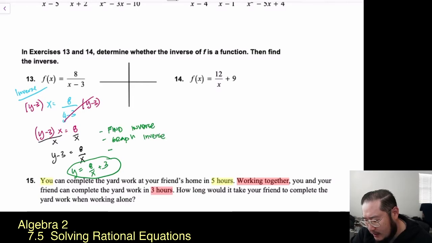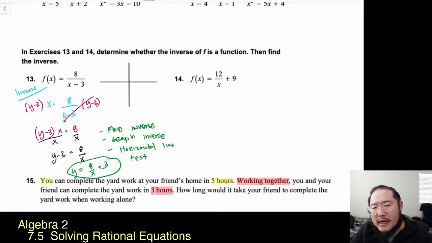Step 3, horizontal line test. So once again with this, we've got to figure out, well, where are the asymptotes? Looks like it does shift up 3 units. So it's going to be up 3.